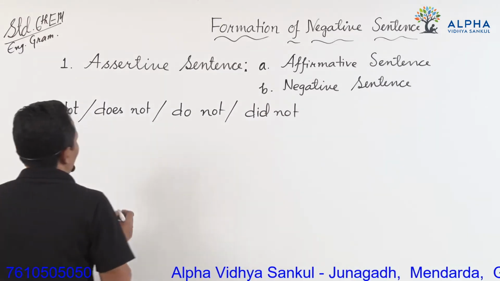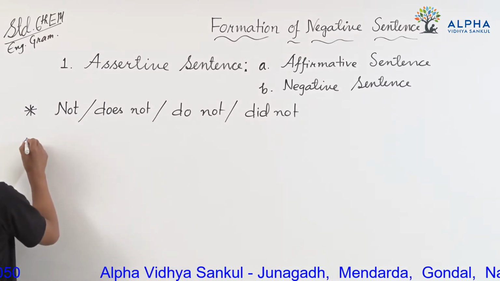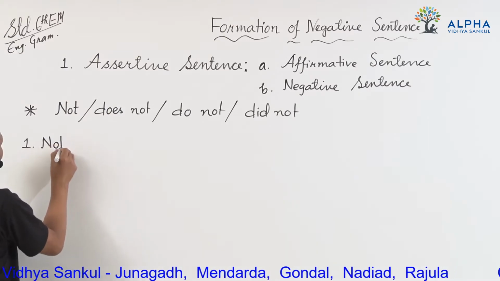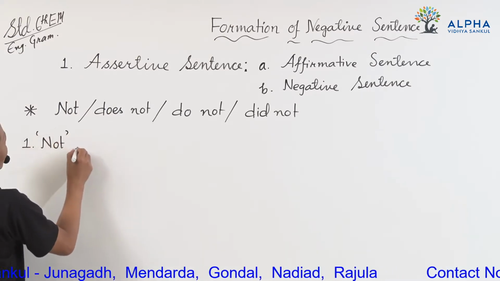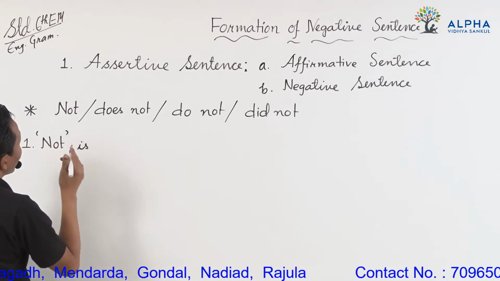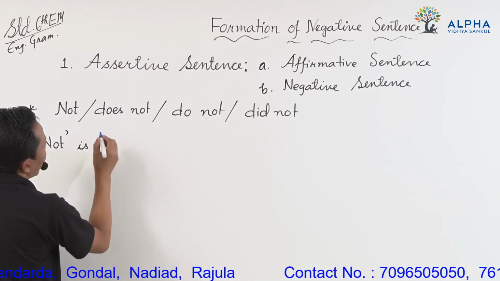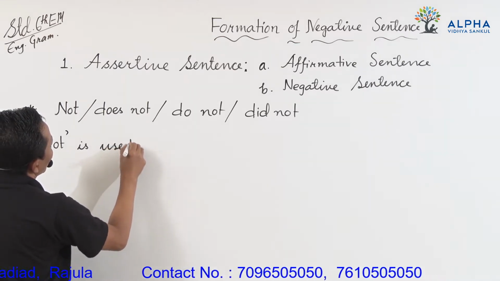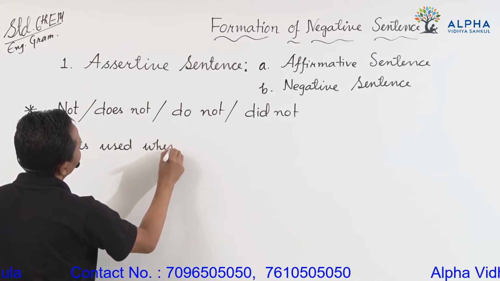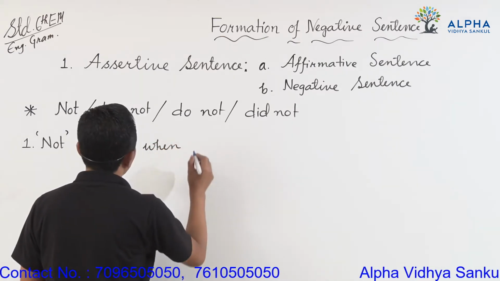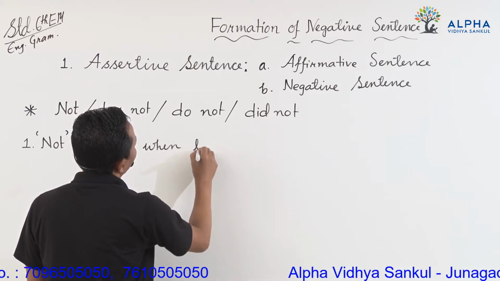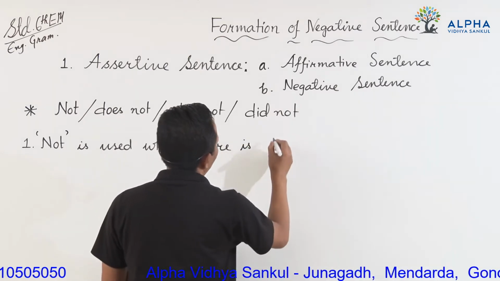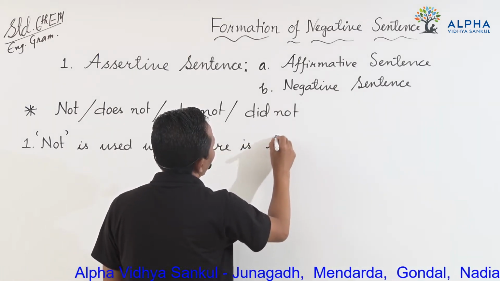And this not is used when there are auxiliary verbs.